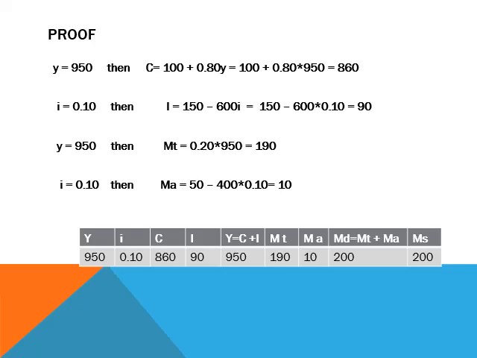Investment equals 90. Y equals C plus I equals 860 plus 90 equals 950. Proved.